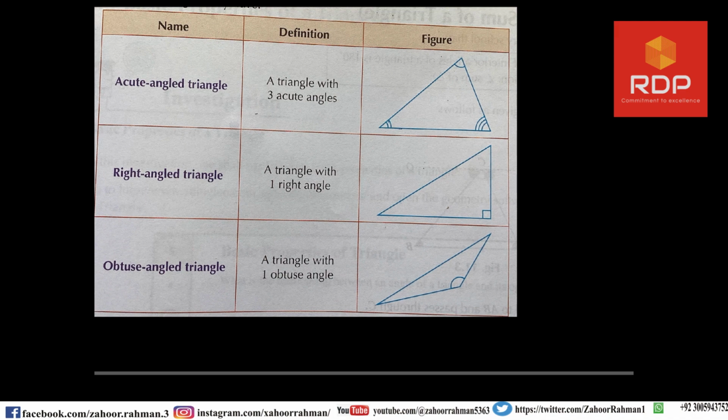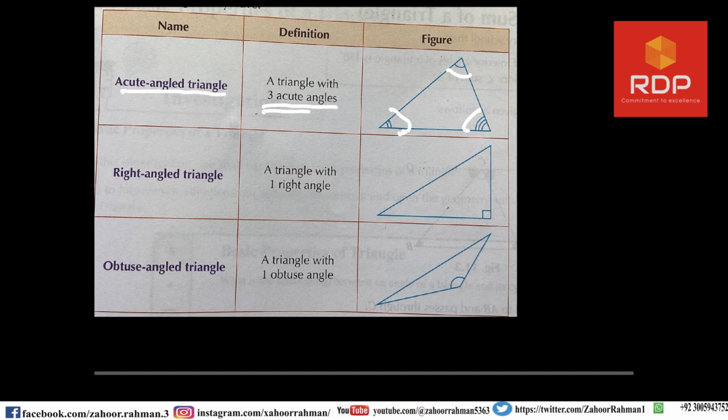The first one is acute angle triangle. What is the meaning of it? A triangle with three acute angles. This angle, this angle, and this angle all will have a value less than 90 degrees.